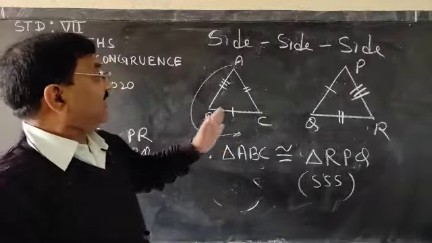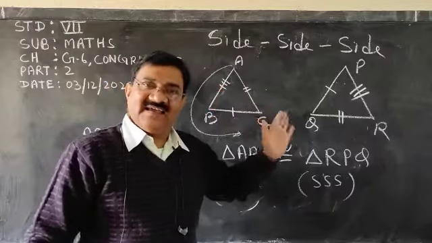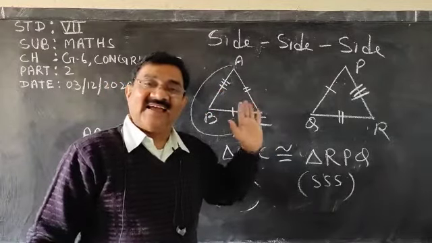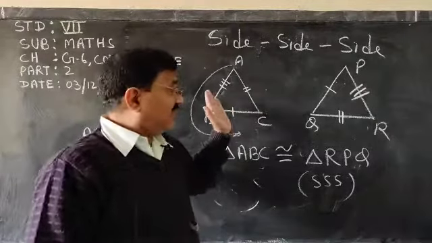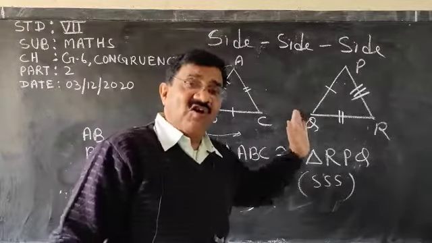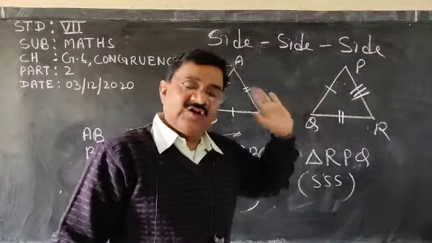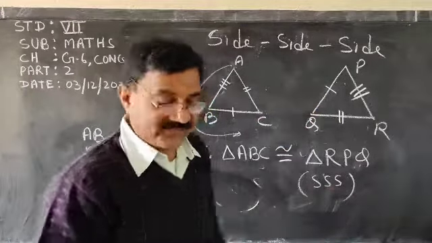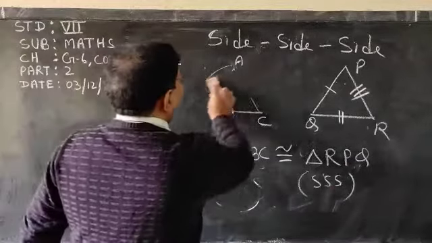And which criteria? First condition is SSS. Side, side, side. It means if all the sides of one triangle are equal to all the sides of the other triangle, then the two triangles are congruent. Very clear? Coming to the next criteria, SAS.